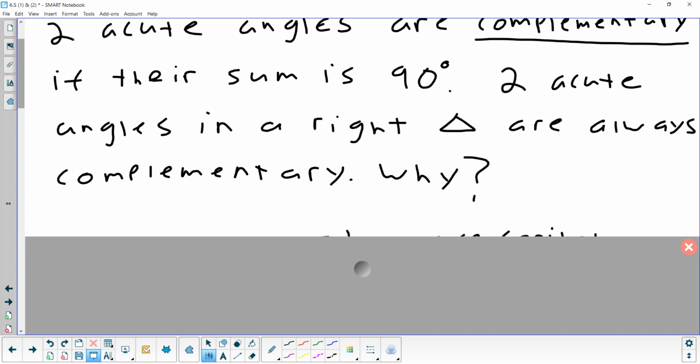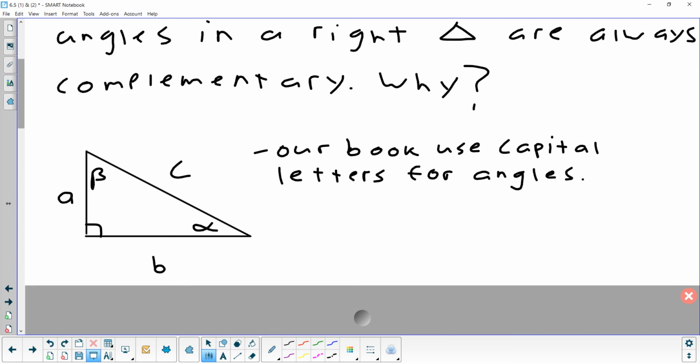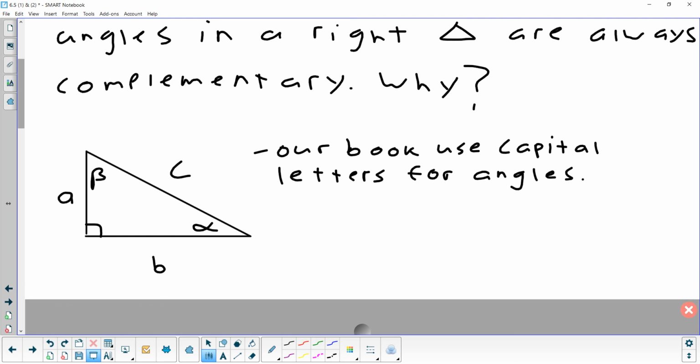All right. So let's look at how we're going to label triangles in general. Anytime we have to label a triangle and we don't know its sides and its angles, that's how we will label it. You can draw it facing a different way, and that's fine.